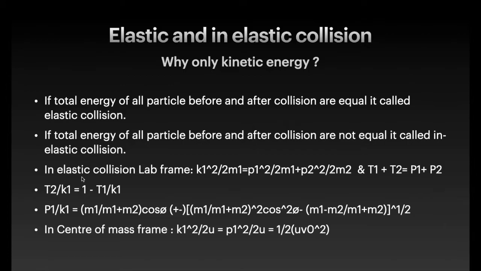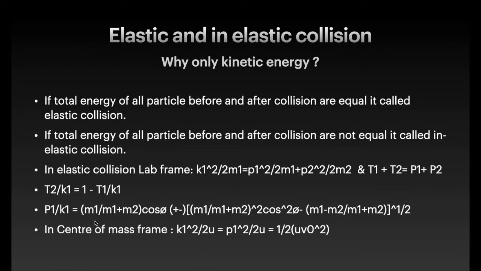In elastic collision, k1 square by 2m1 is equal to p1 square by 2m1 plus p2 square by 2m2, where k2 is 0, and p1 plus p2 is conserved. It is the law of conservation of energy and conservation of momentum, in that T2 by T1 is equal to 1 minus T1 by K1 kinetic energy.